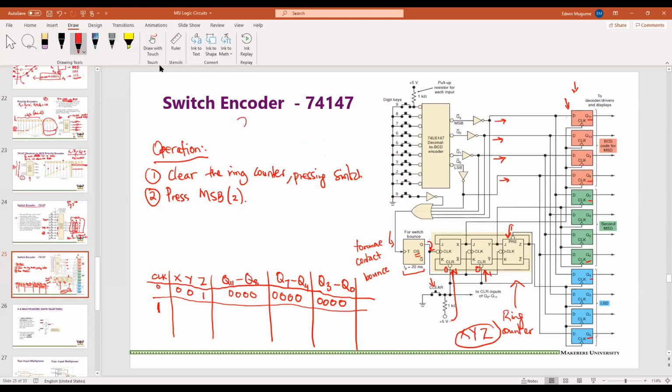I have 247. When I press 2, what do I have here? This is 2. I press it here. It connects to 0, meaning that that is active low. I'm going to get 0, 0, 1, and 0.